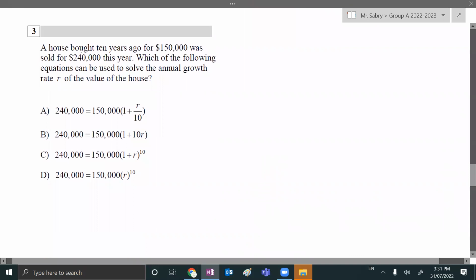This one quickly. A house bought 10 years ago for 150,000 was sold for 240,000. Which of the following equations can be used to solve the annual growth rate of the value of the house? So because I know that this is a value of money and so on, then we know for a fact that this must be represented by exponential functions. The values of things change by a percentage. And because they started with the 150, I know that the A must be 150,000.